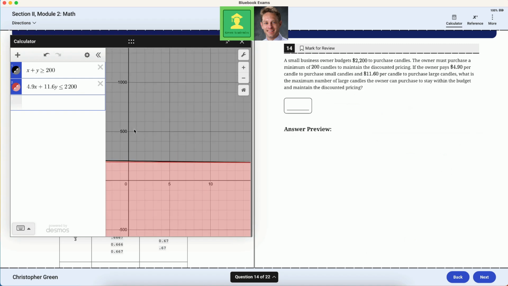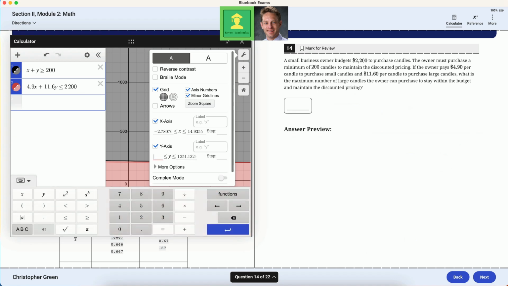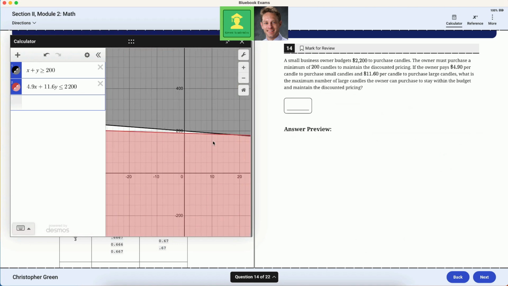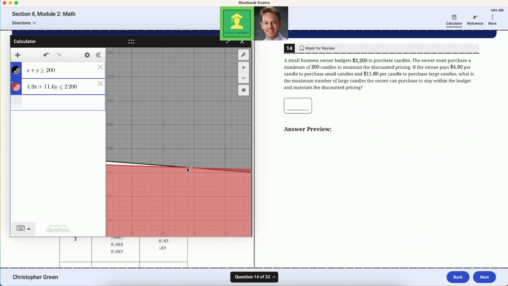Yeah, but then of course you want the number of candles together to be a minimum of 200. I'm just kind of guessing we could adjust the axis to, how about 0 to 300? And see how that works. Okay, so now you can tell that the overlap begins here. Now, will it tell you? Yes, it will tell you that it's the pair 17.9, 182.1 effectively.